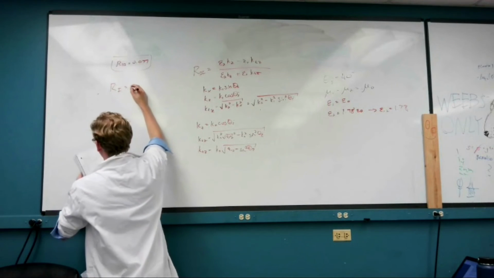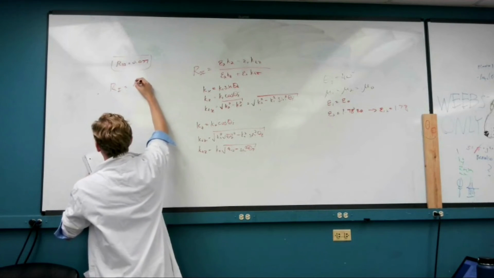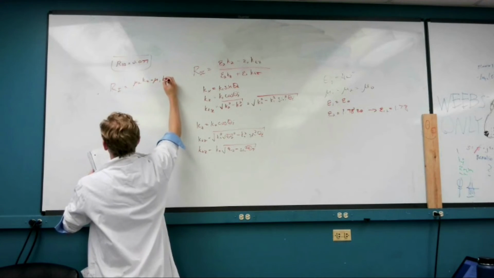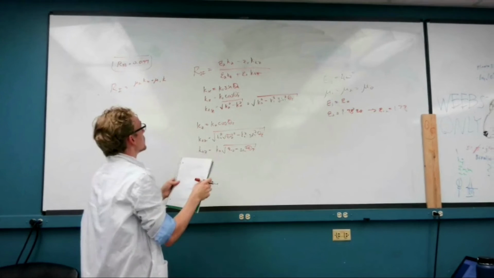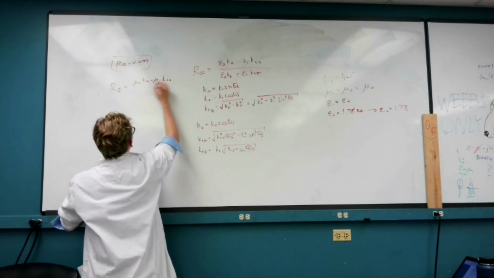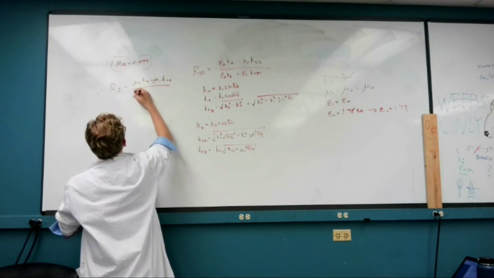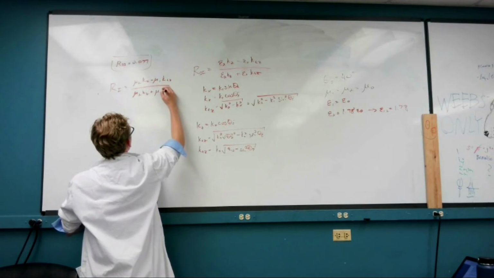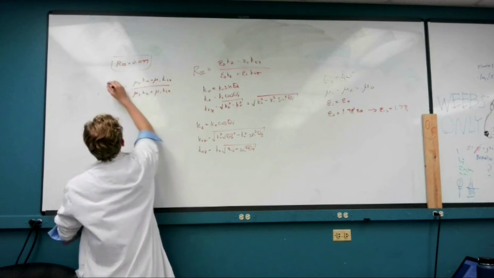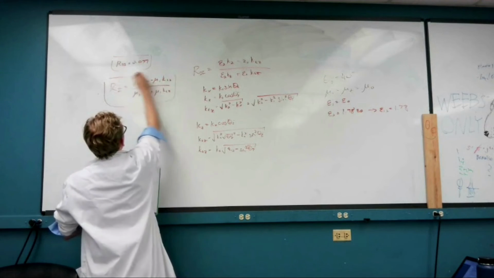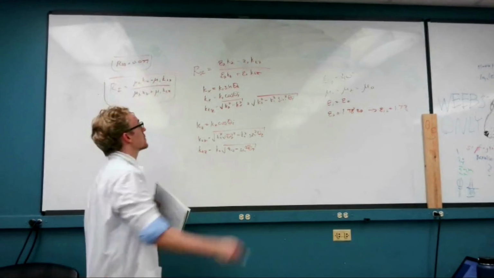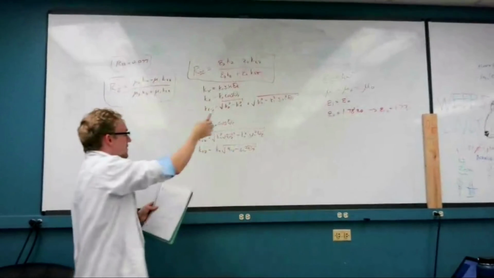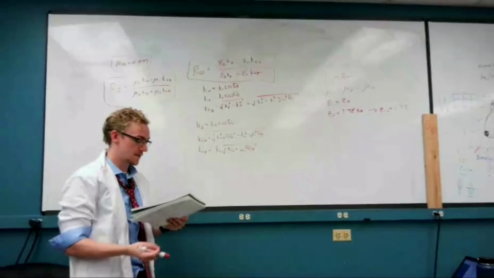The reflection coefficient for perpendicular should be mu2 kz minus mu1 ktz, divided by mu2 kz plus mu1 ktz. And this is the formula that you should use. So this is essentially the same. It's plug and chug, guys.